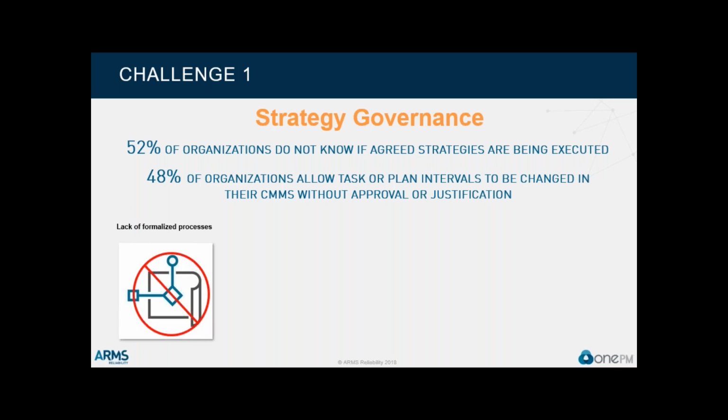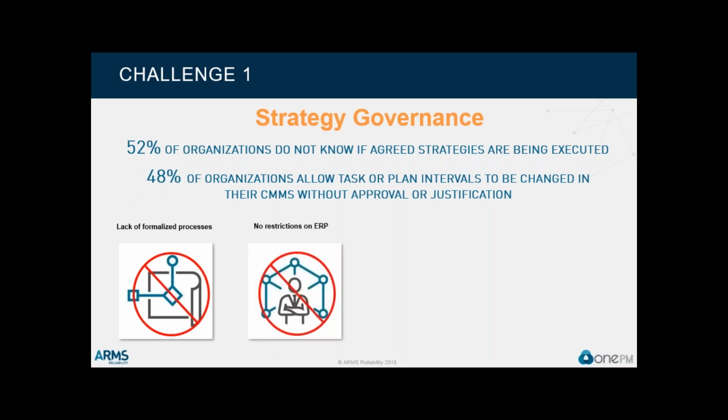So if we look at that challenge, it's often a lack of a formalized process that dictates the ability to make these changes. We often have no restrictions on the ERP system, and people can make those changes, and we're hesitant to put any restrictions on our ERP systems because we fear people aren't going to want to use them.